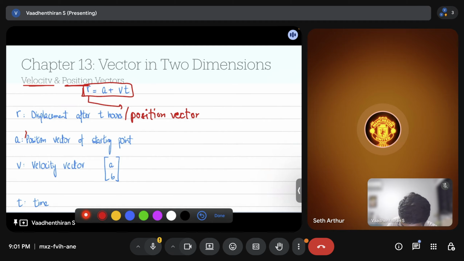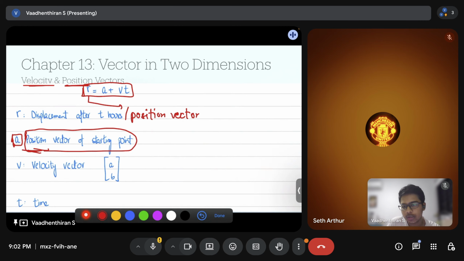And the position vector of the start is the initial starting point. Mostly this will be the origin. Sometimes they will give you the starting point, and then you just add the velocity vectors to it. v is the velocity vector.